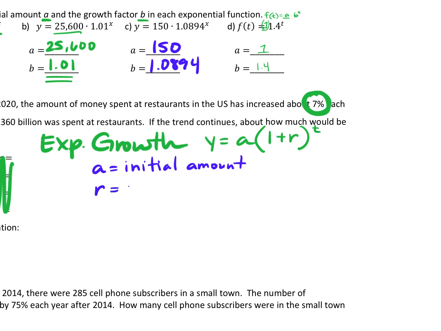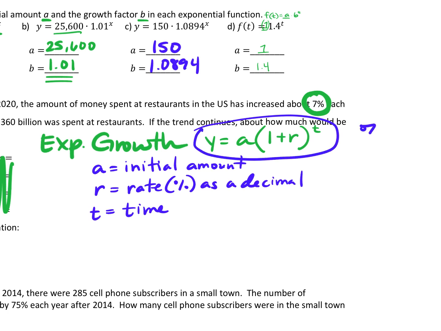R is the rate or the percent as a decimal. T will be time. Okay. This is the formula that you're going to use whenever there's a percent in your problem. So if you see a percent in your problem, use this one.